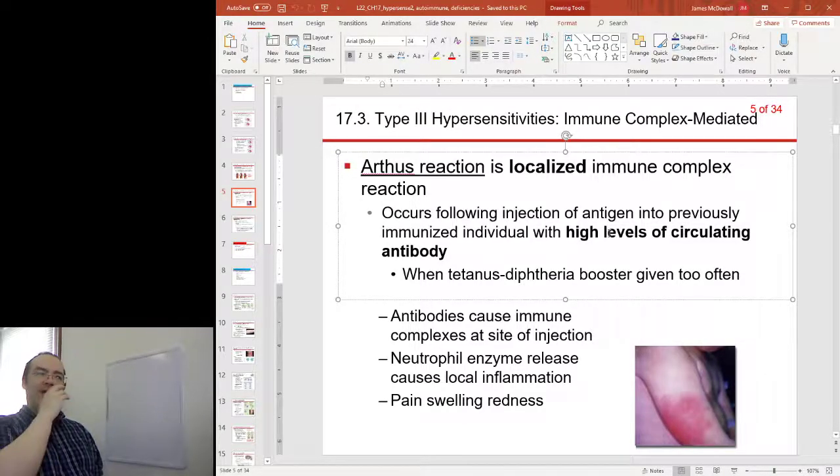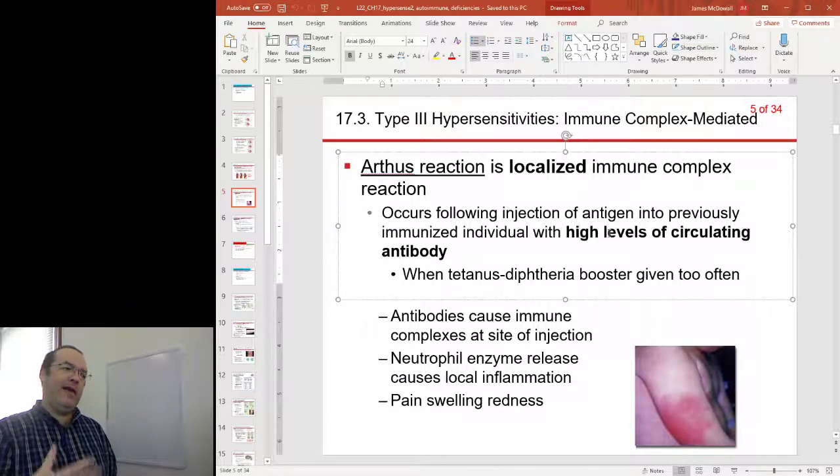So if you've already been immunized, the whole point of an immunization is to trigger an immune response and to trigger the formation of antibodies in many cases.